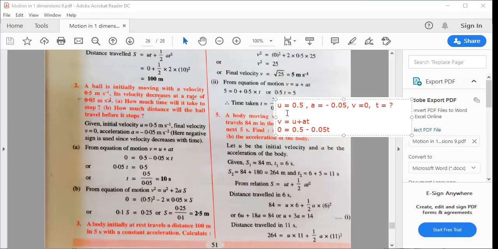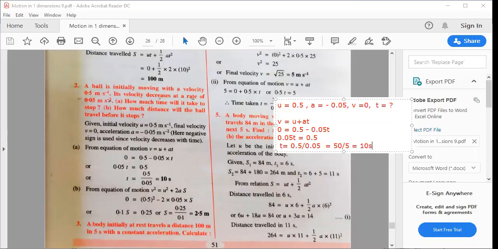So 0.05 t is equal to 0.5. I brought the 0.5 to this side. So t is equal to 0.5 divided by 0.05. I think you can get it. It will become 50 upon 5. So that is 10 seconds. Okay. So you get the first question.